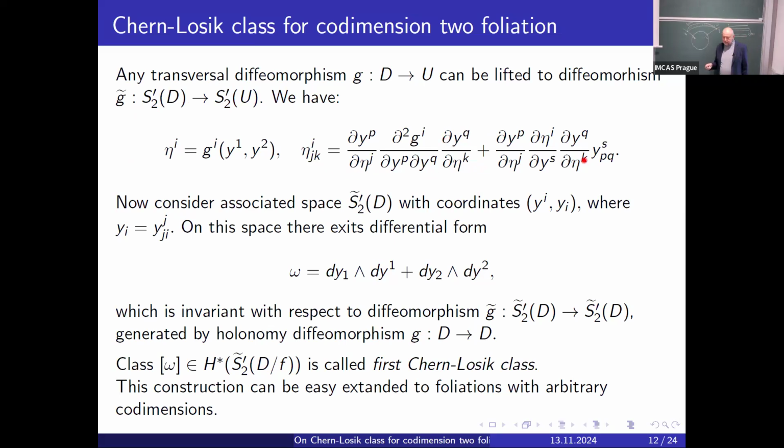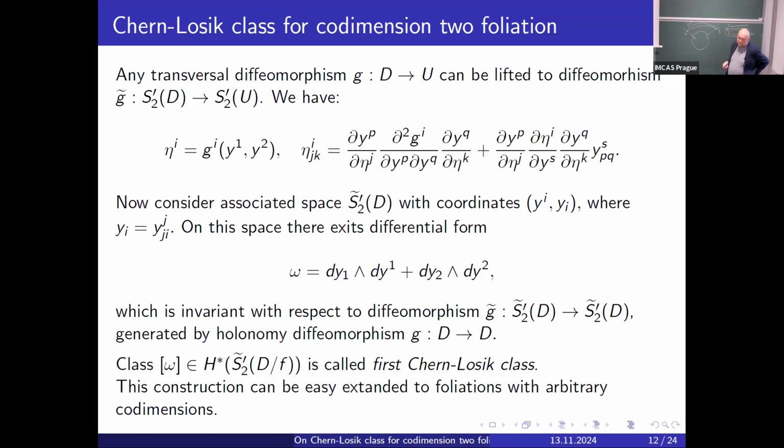So now y is coordinates in D, and eta coordinates in U. So we have this transformation. And what is important is that we can associate some shorter coordinates. So yi below index, I mean summation over index j. And after that, we have this form, which is invariant with respect to diffeomorphism.